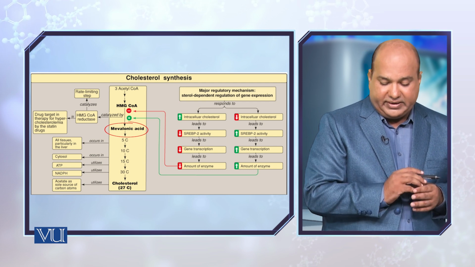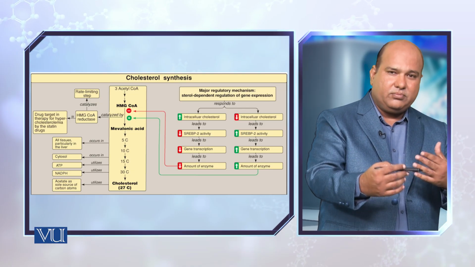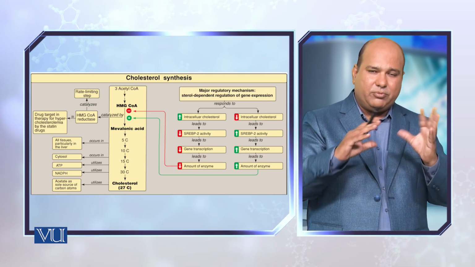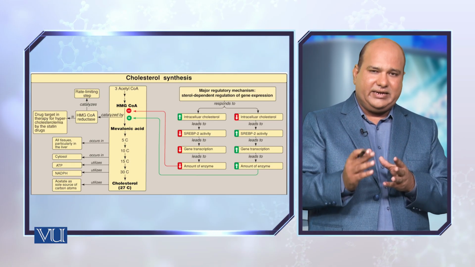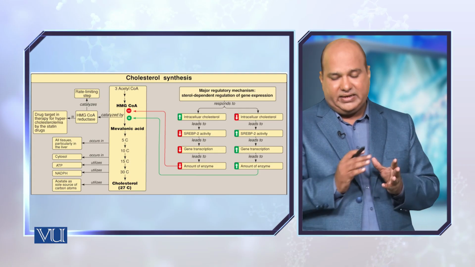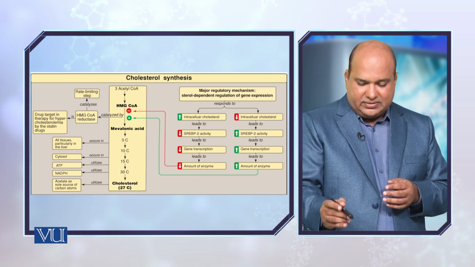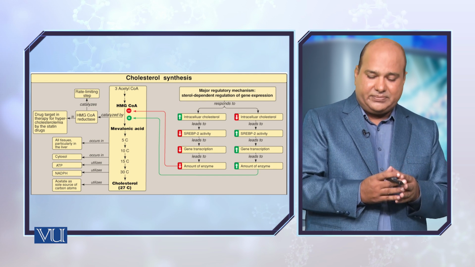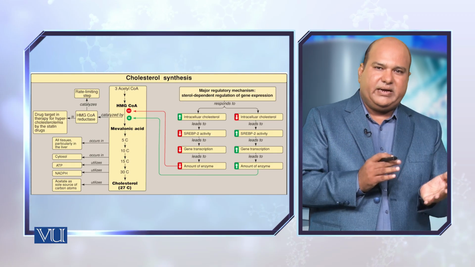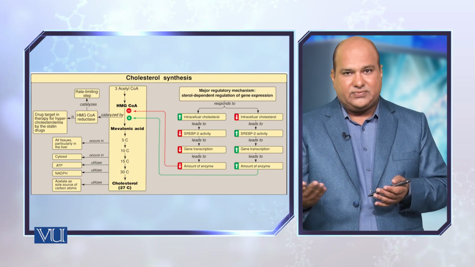From mevalonic acid onward, you have lots of condensation and modification reactions, which ultimately give you the 27 carbon cholesterol, a very energy intensive pathway. As with any other pathway, this one has many regulatory steps, but one of the most important is the feedback mechanism: the more cholesterol there is, the less synthesis, and vice versa.